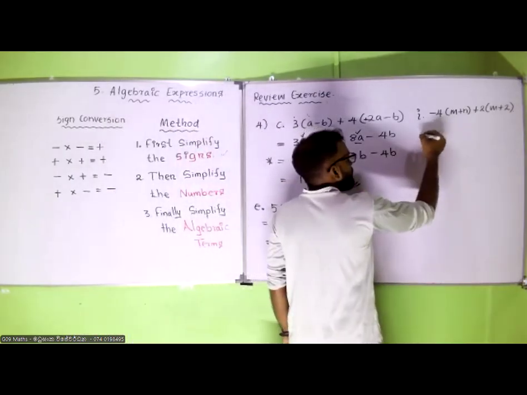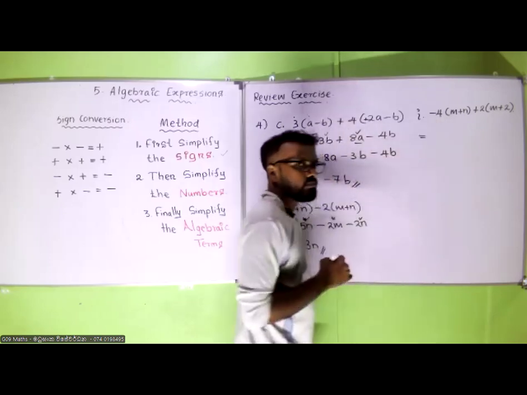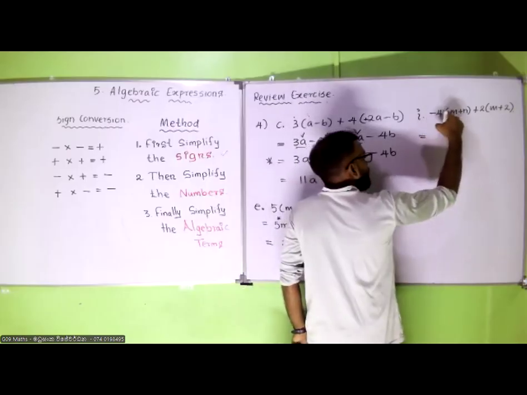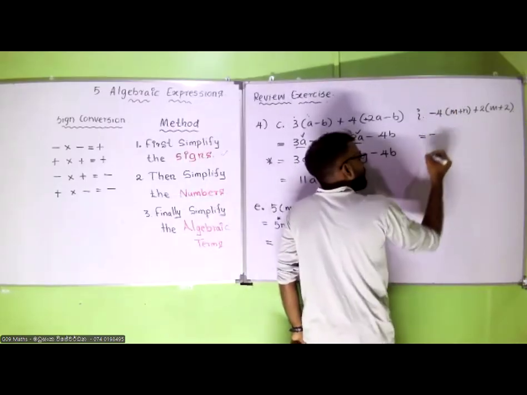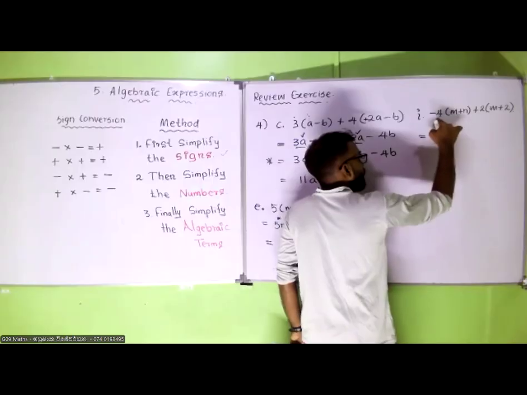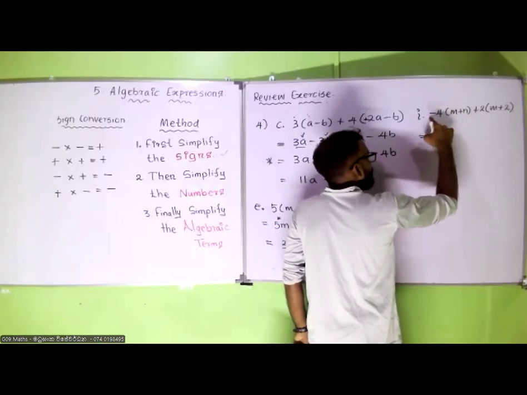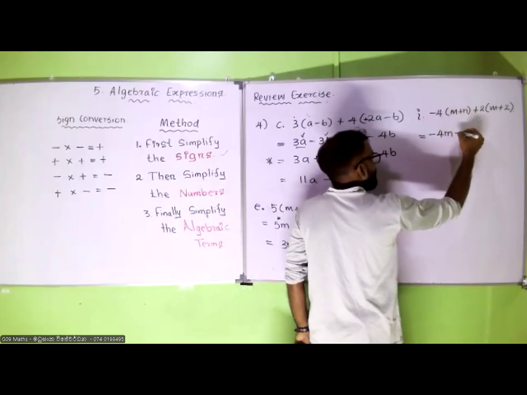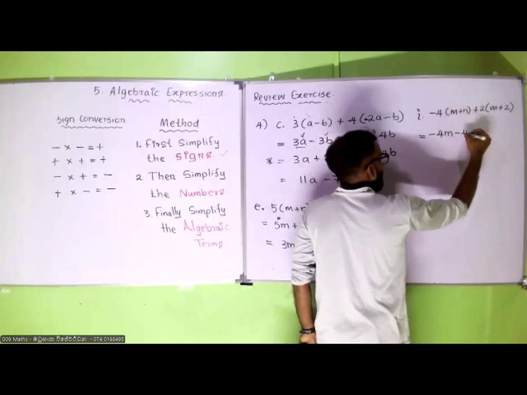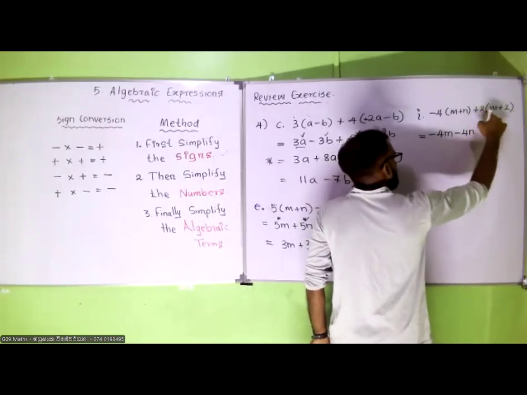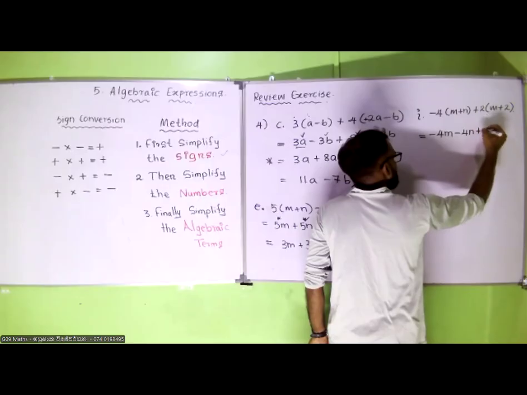Now here, equal mark. Negative into positive, negative. 4 times n, 4n. Negative into positive, negative. 4 times n, 4n. Okay. Positive into positive, positive. 2 times n, 2n.